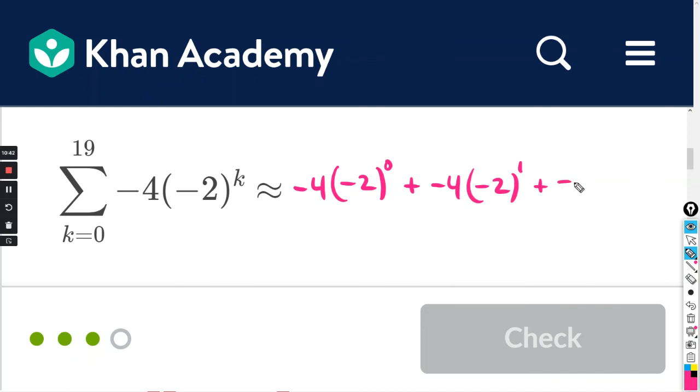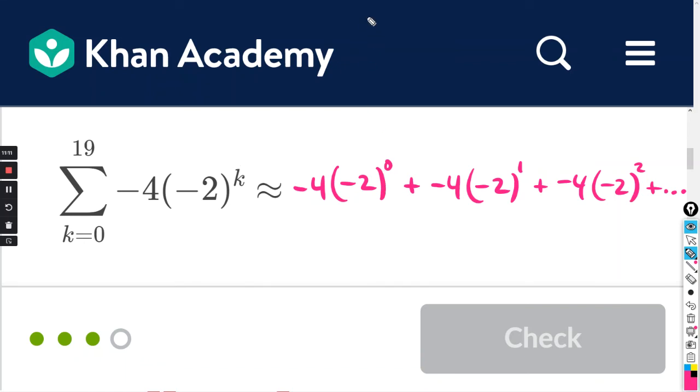And then negative 4 times negative 2, we used 1 for k, and now we're going to use 2. And it continues. So all I did was plug in for k in this equation here and increment the exponent by 1 each time, because that's what this means right here. You start at 0 for k and you increase it by 1 each time.